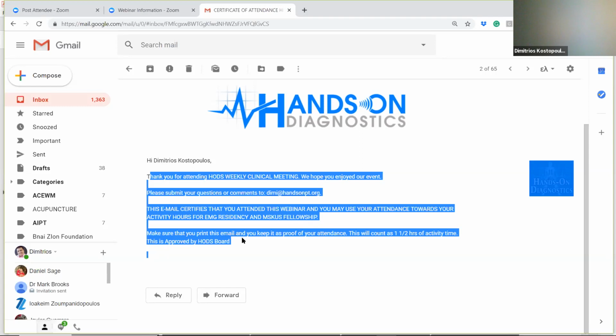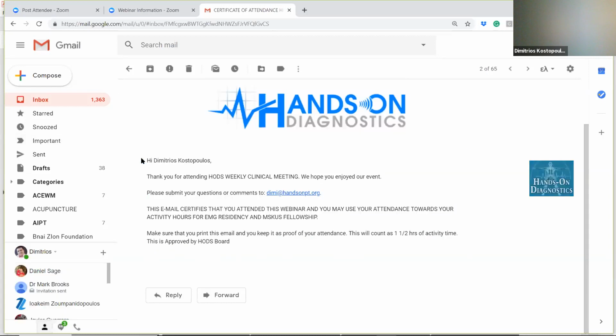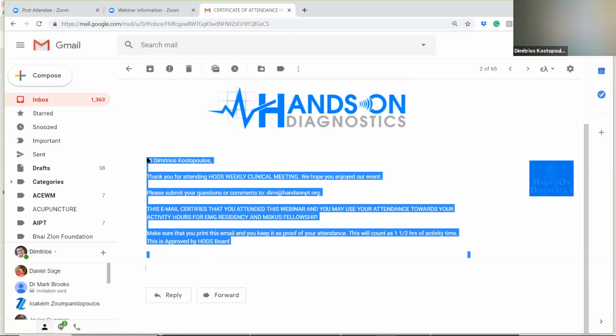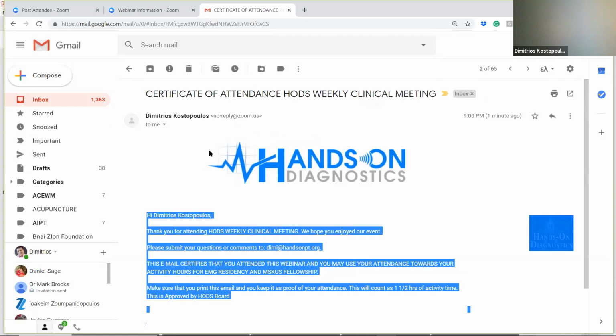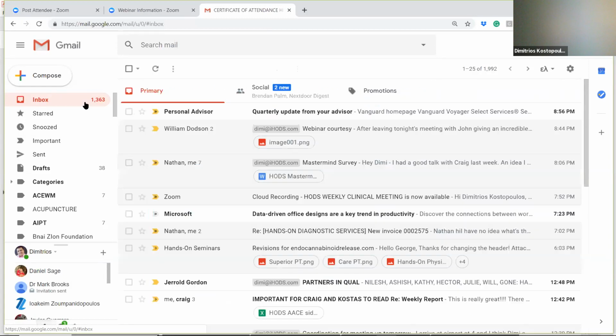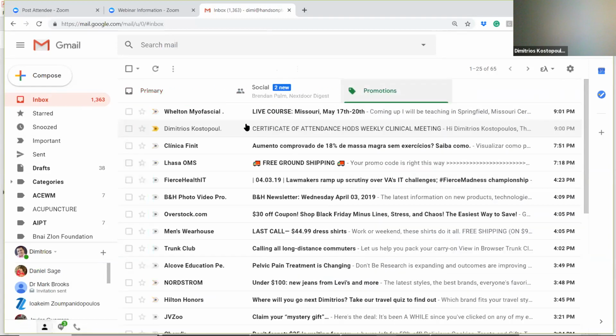Make sure that you print this email and keep it as proof of your attendance. This will count as 1.5 hours of activity time. This is approved by the HODS board. This is what you are supposed to be receiving. Please check your spam boxes tomorrow. Not spam, promotion. Look in the promotion box, right there.